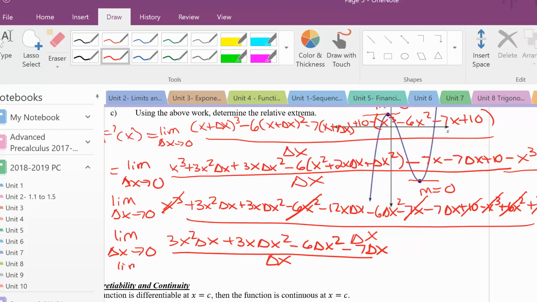When you take the limit as delta x approaches 0 and factor out the delta x, you're left with 3x squared plus 3x delta x minus 6 delta x minus 7.